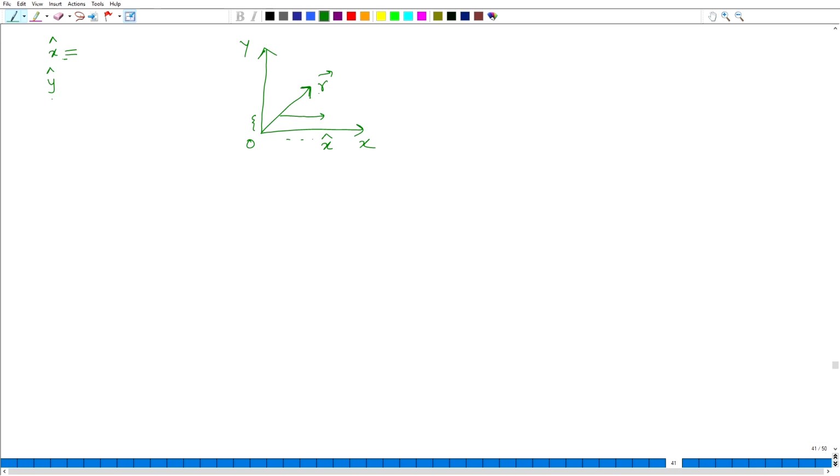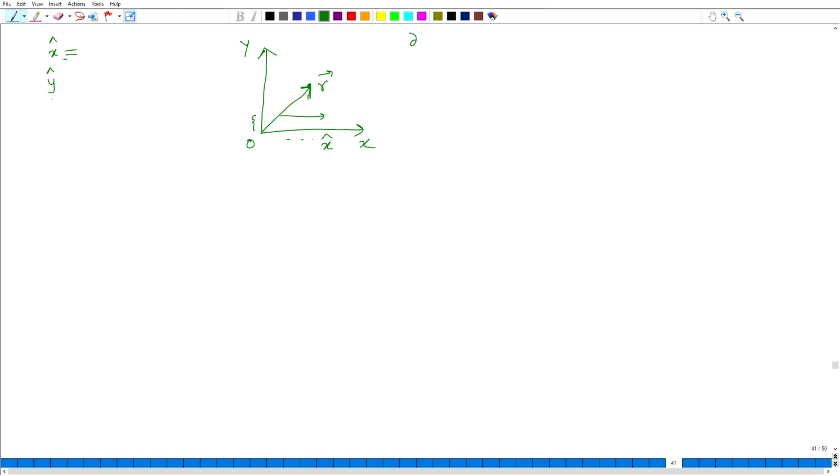So that position vector is the position of a particle, and x cap is the direction along which only the particle's x coordinate changes, keeping the y coordinate unchanged. And what is that?